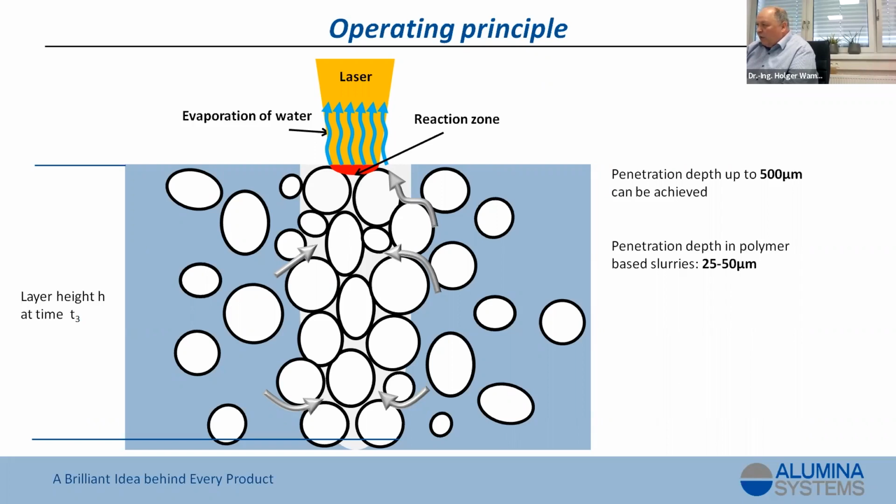So the wall thickness is not only limited by the printer, it's also limited by the sintering program. You have to see this in combination. The limitation doesn't come from the 3D printer, it's more from pure material science at the end.